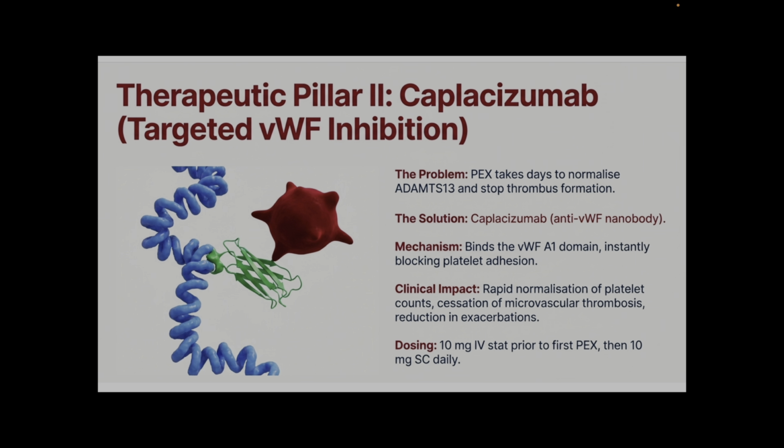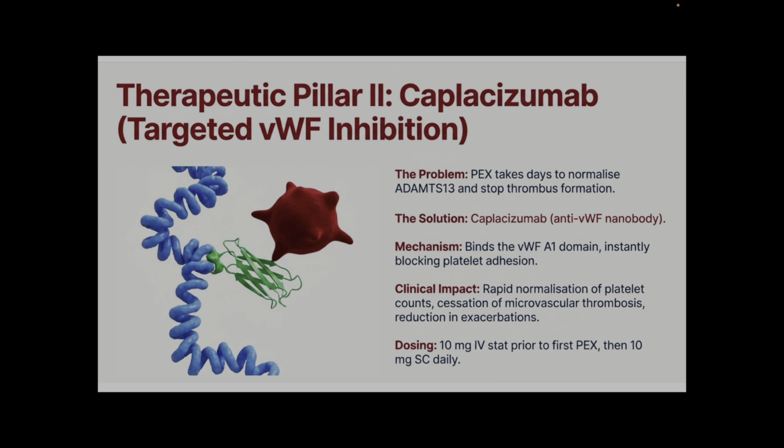Therapeutic pillar 2, caplacizumab. The second therapeutic pillar is caplacizumab. The important difference here is speed. Plasma exchange addresses the underlying pathogenic environment, but it takes time to restore ADAMTS13 activity and stop the disease process. So caplacizumab acts directly on the von Willebrand factor platelet interaction.